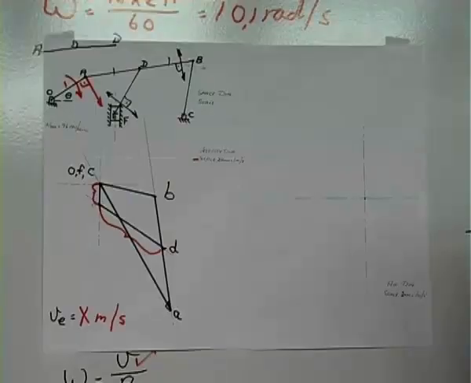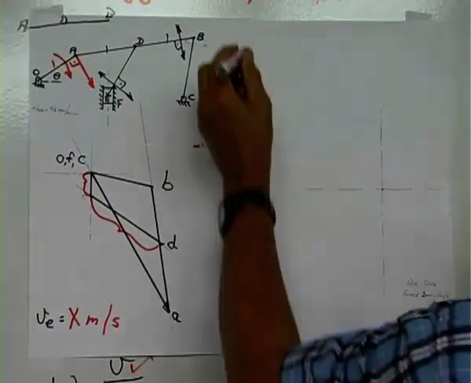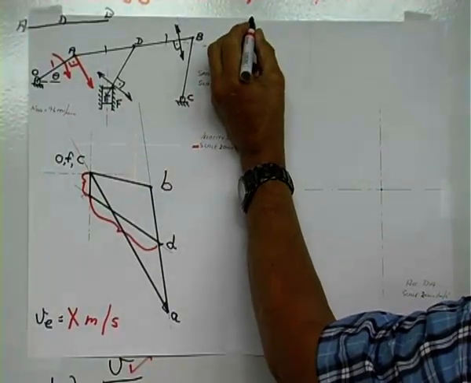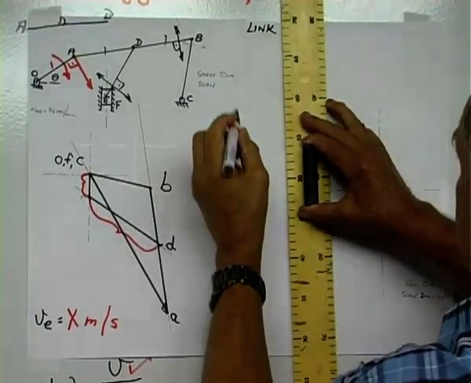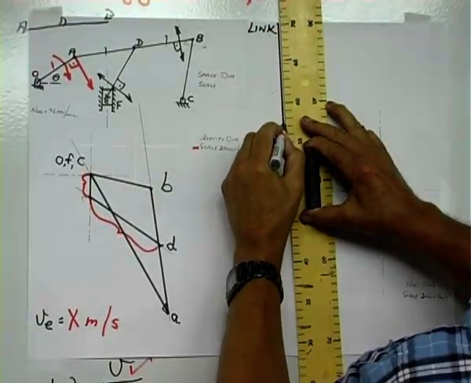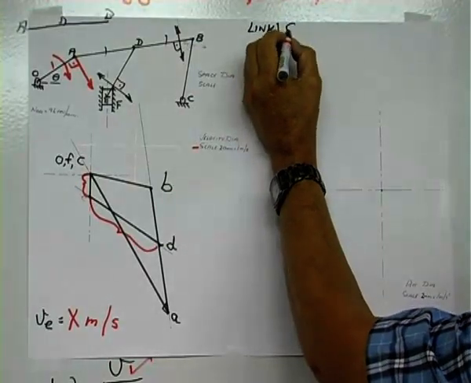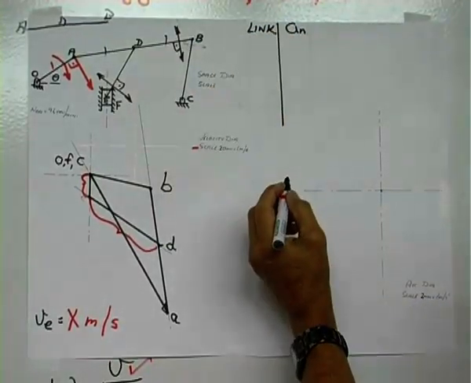So first, let us construct a table. We say this is your link, and then this is your normal acceleration.